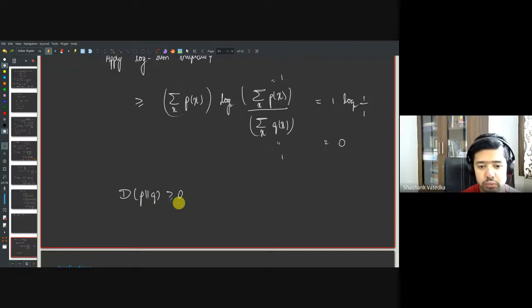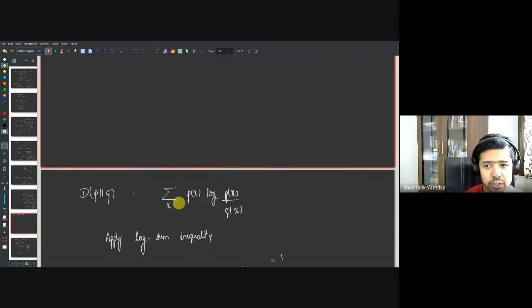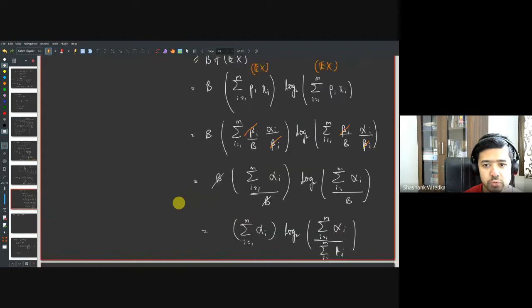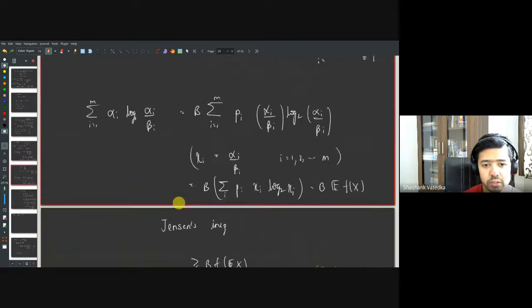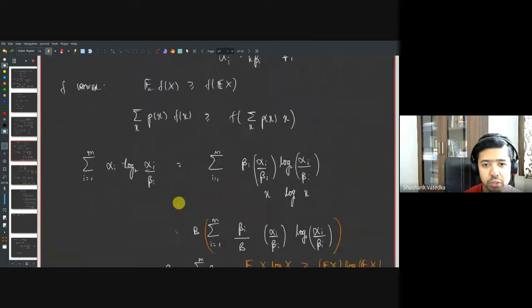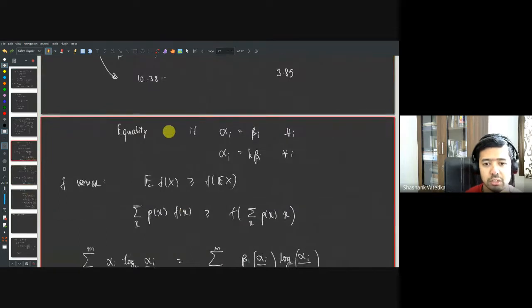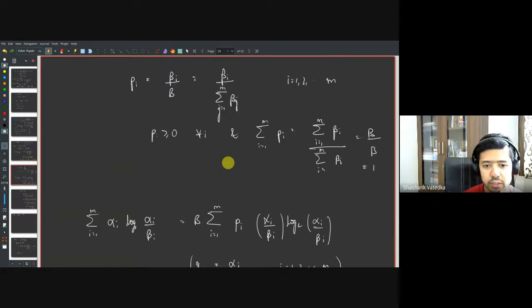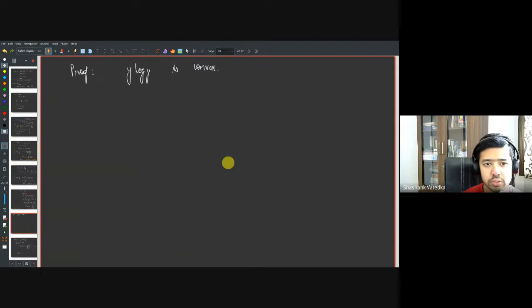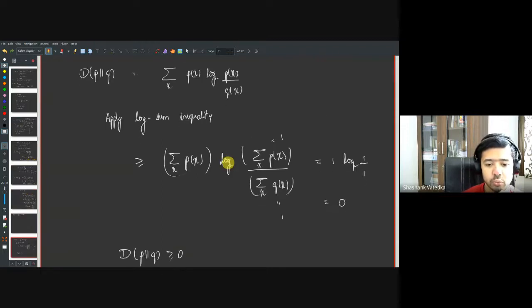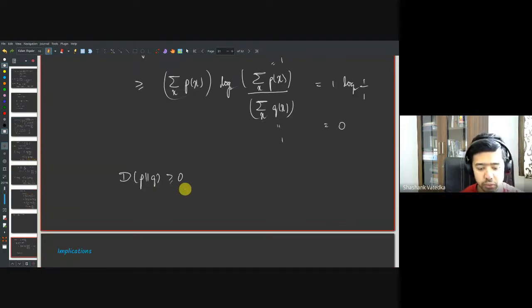So the KL divergence is non-negative as expected, and there's one other point which I didn't prove when we looked at the log sum inequality. I mentioned that we have equality in the log sum inequality if alpha I equal to k times beta I for all I. So when is D(P||Q) going to be equal to 0?